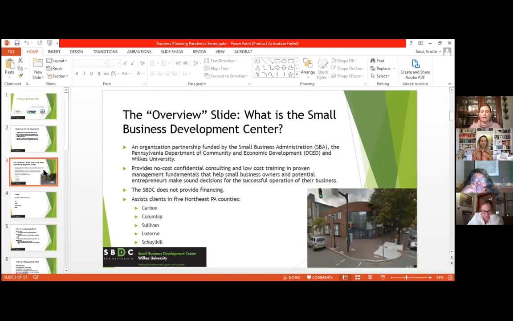We get a lot of our funding from the SBA, DCED, and Wilkes University. A lot of people think that we are the SBA. That's incorrect. We are not the SBA. We just get a large portion of funding from them to operate. And our center does not offer any type of financing for small businesses.